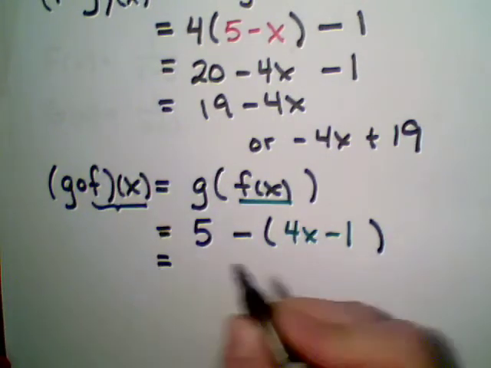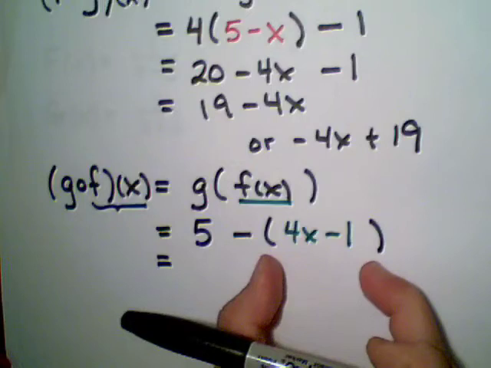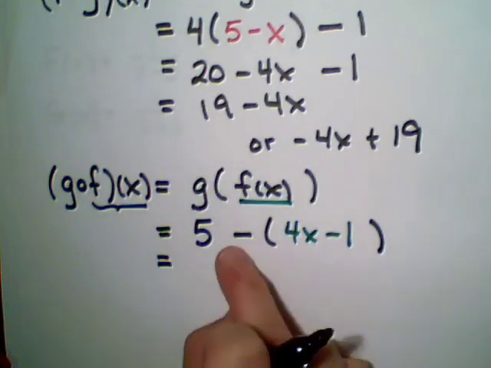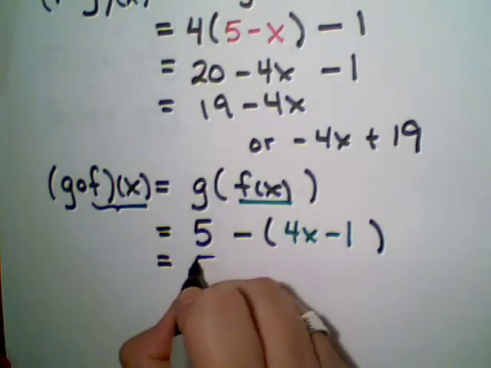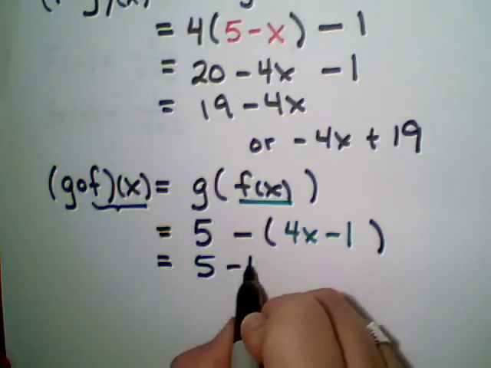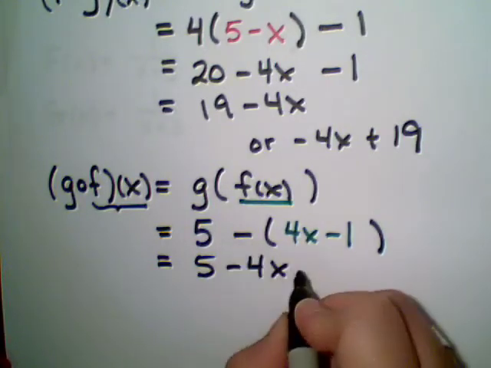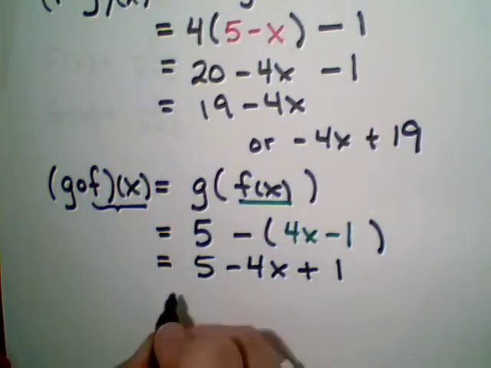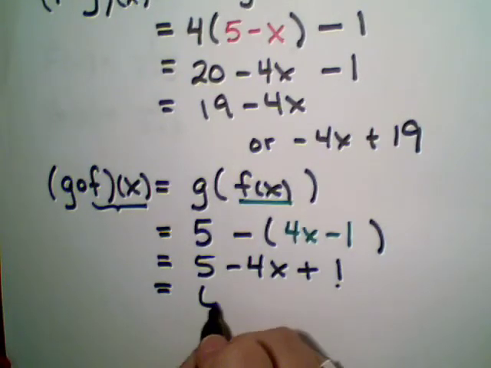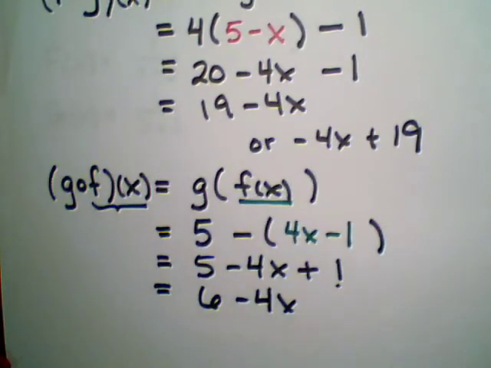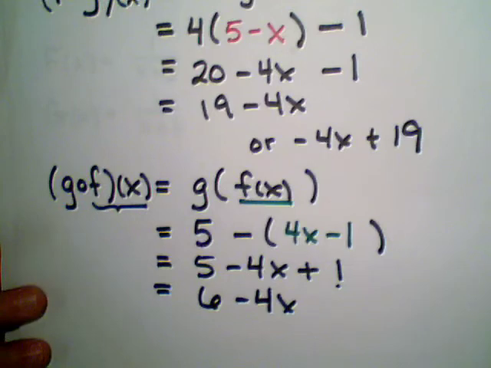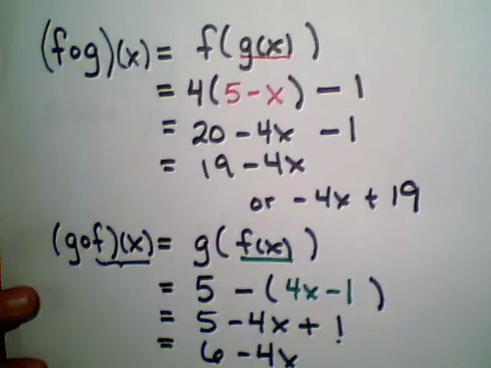Okay. When we simplify, when we try to remove these parentheses, we need to distribute the negative. So the second term ends up being negative 4x, and the third term ends up being positive 1. Collecting like terms, we see that this composition is 6 minus 4x.